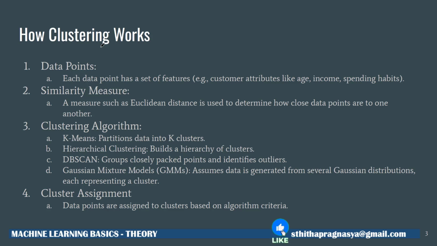How does it work? The input data consists of multiple data points, each with a set of features. For example, in a customer data set, each data point might represent a customer with features like age, income, and spending habits.